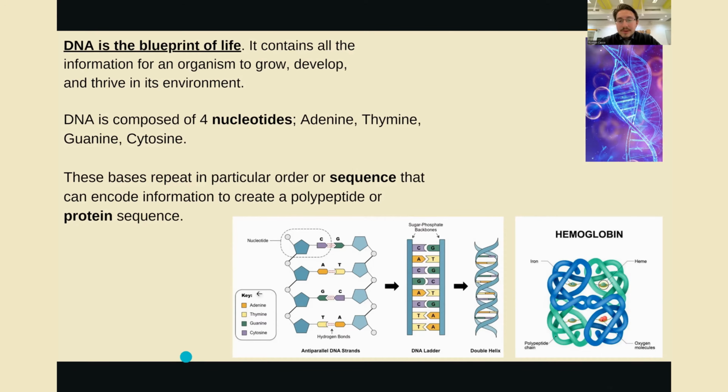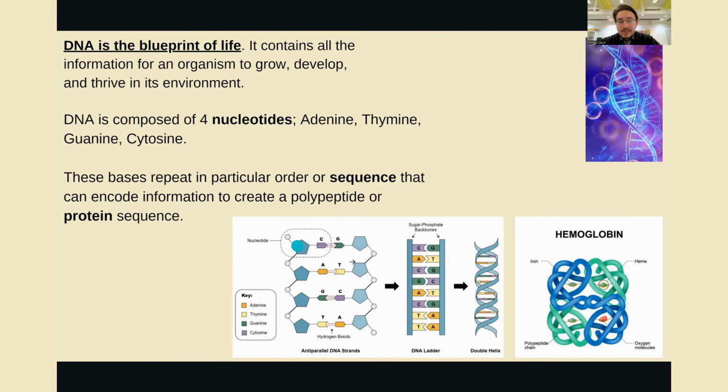Here in these diagrams, you can see the double helix of DNA, which is composed of 2 strands of nucleotide sequences that pair against each other, and you only have these 4 that are repeating in certain orders.